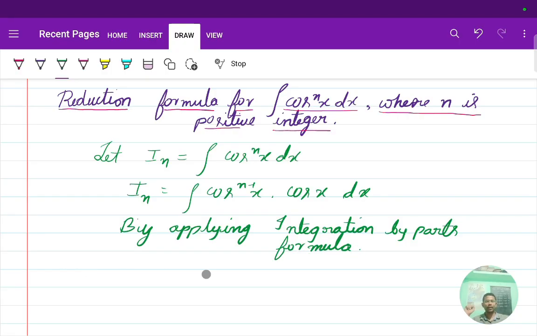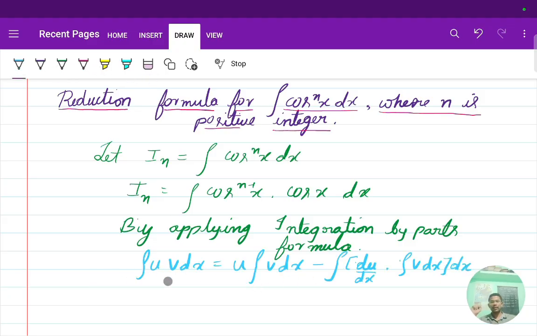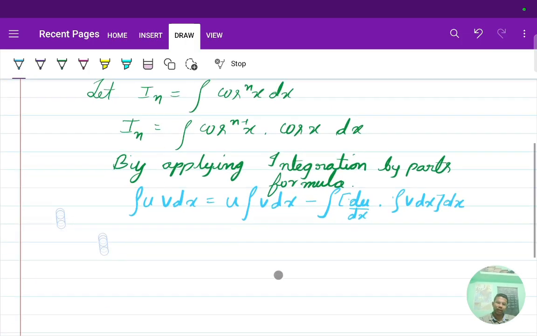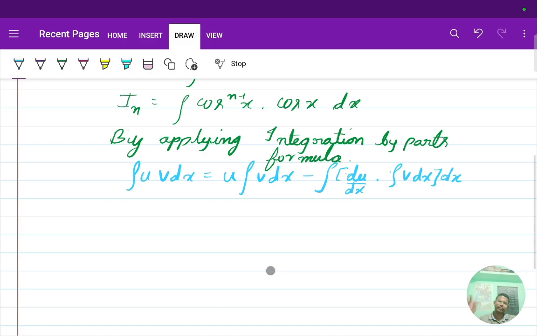What is the formula? Integration by parts formula, this is the integration by parts formula. Now let us apply this formula for this equation. For this I will take this as u and this as v.